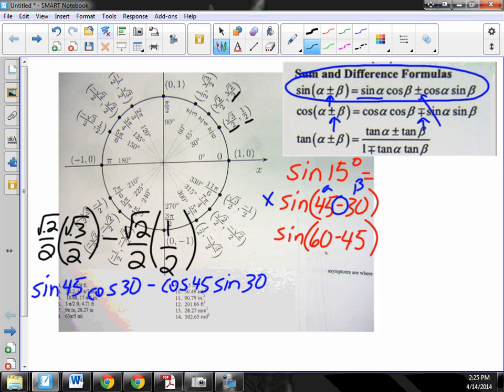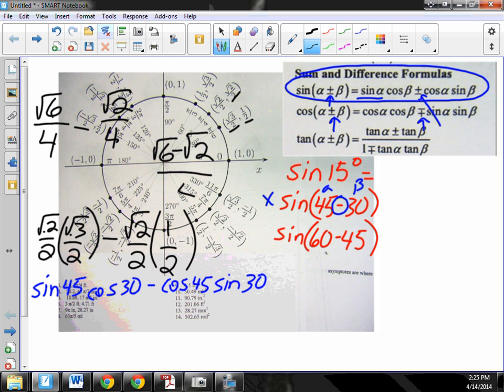Root 2 times root 3 is root 6 over 4, minus root 2 over 4. So I have root 6 minus root 2 over 4. That's easy enough, right?